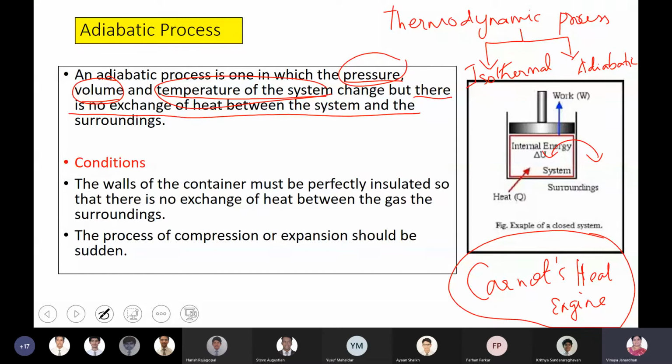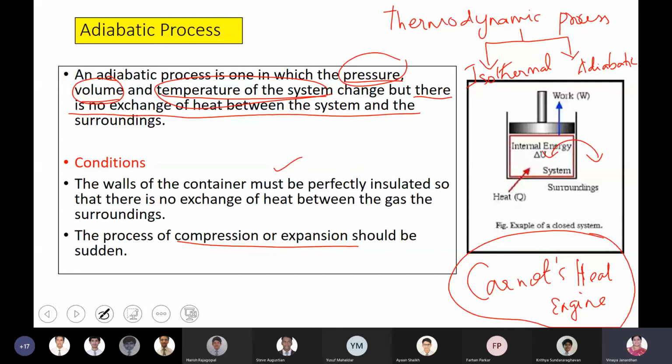So for this, what should be the condition? The walls of the container must be perfectly insulated from the surroundings. And second, the process of adiabatic compression or expansion: your compressor is going to compress the air. Suppose I am taking air as the working material in a cooling system; the compressor compresses air, and then the compressed air is allowed to undergo sudden expansion in the spiral tubing.